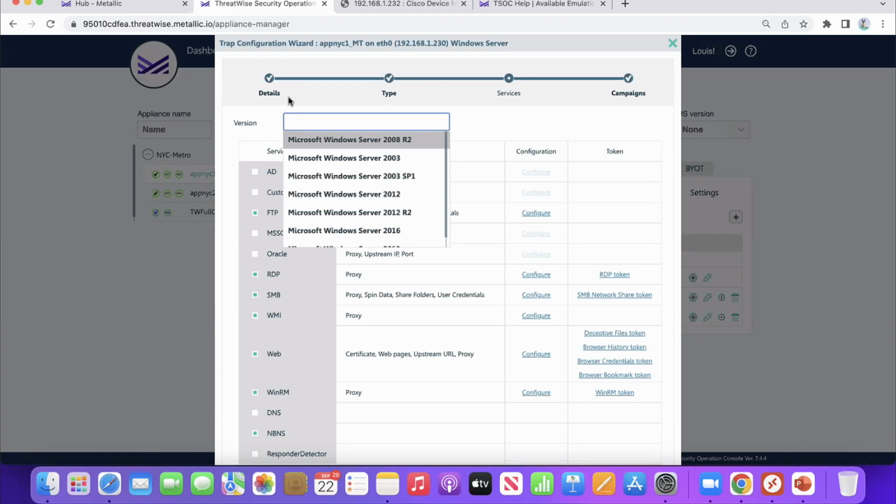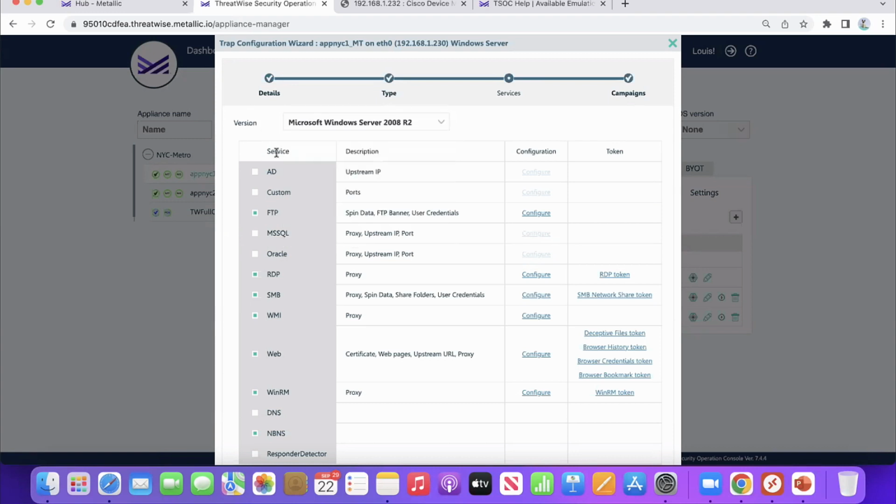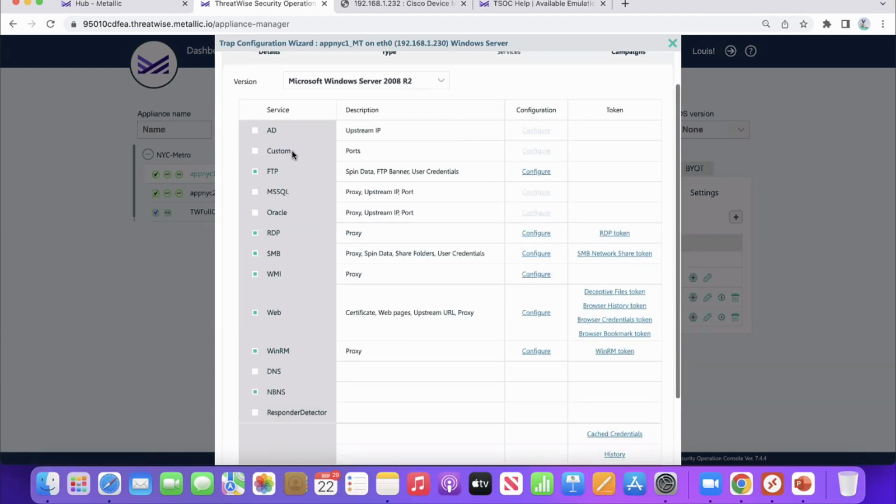And it changes. What does that mean? Well, this here is the service page. And you can see over here, we have an A/B setting, FTP, Oracle, SQL, etc. These are the services that resemble a Microsoft Windows Server 2008 R2. So from an authenticity perspective, we are authentic to that attack.